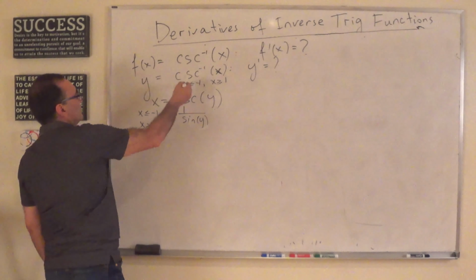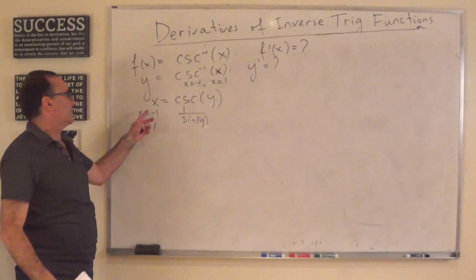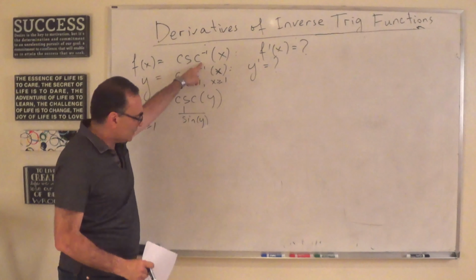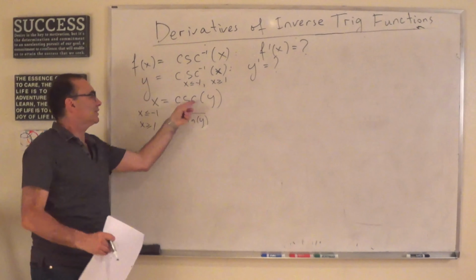And now we need to find the derivative of this function. So how do we find this? We treat the function of inverse cosecant as the function given implicitly by this equation.